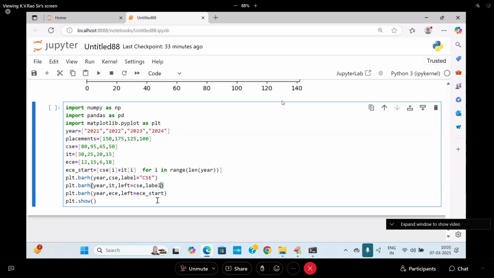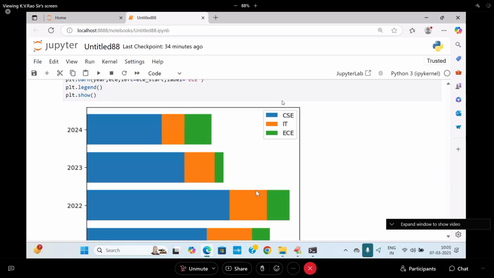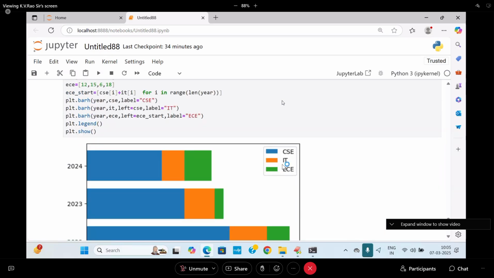Label is equal to CSC. Label is equal to IT. Next, label is equal to ECE. After giving the labels, you need to write plt.legend. I'm just writing this, and you'll get the best fit placed in this place.